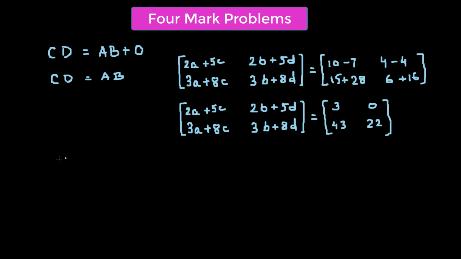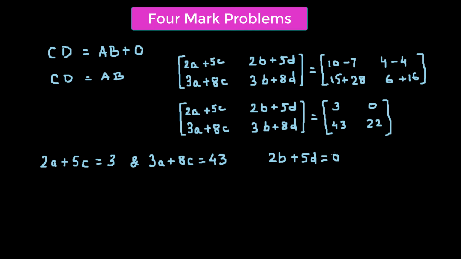So let's equate the values. We have 2a plus 5c equals 3, and 3a plus 8c equals 43. And the other two will be 2b plus 5d equals 0, and 3b plus 8d equals 22.